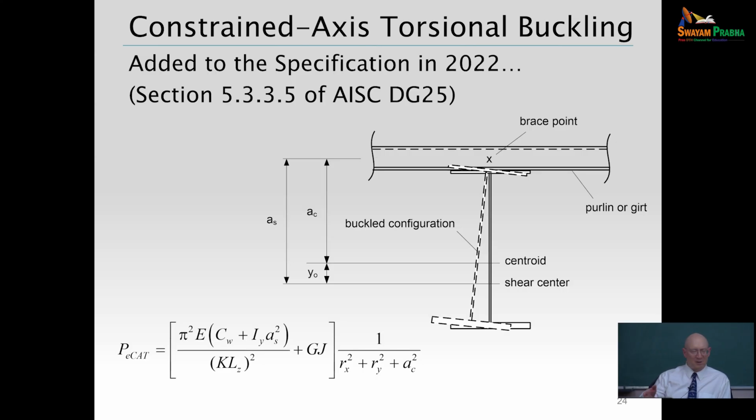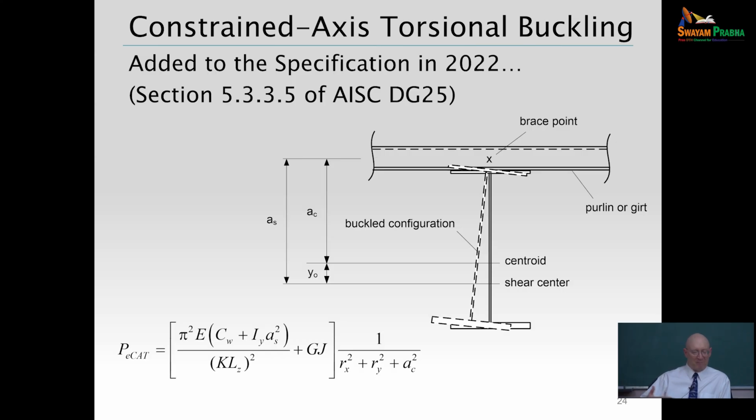The case here is covered in section E4, again for a doubly symmetric section. The example here is you've got a main frame member, say of a metal building, and you have clips that are attaching that member to a purlin or a girt on the roof or on the outside wall of the building.